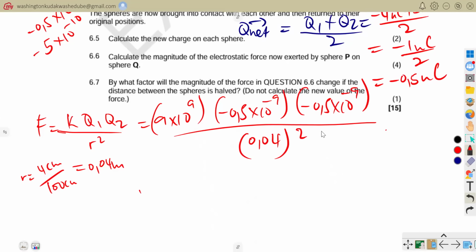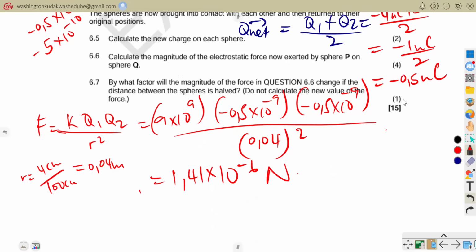So I need to find the value there. The net force has to be equal to 1.41 times 10 to the power negative 6 newtons. So that is the magnitude of the electrostatic force there.